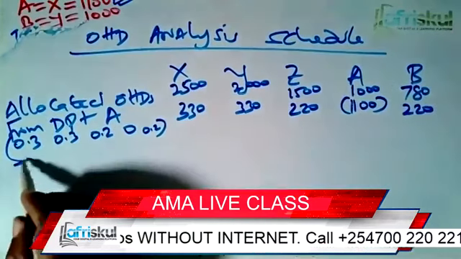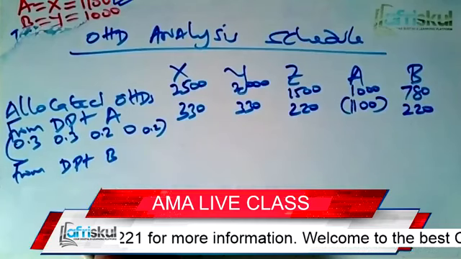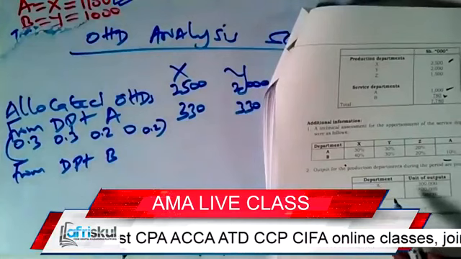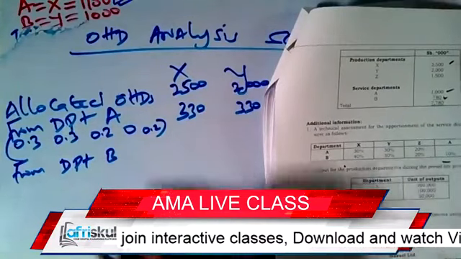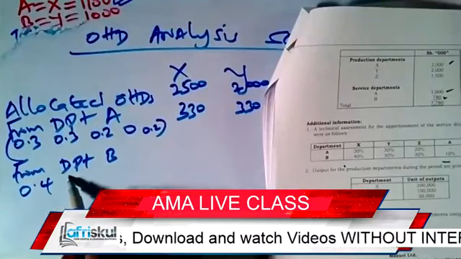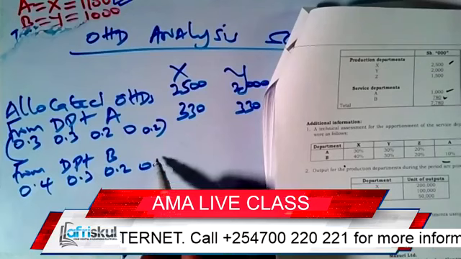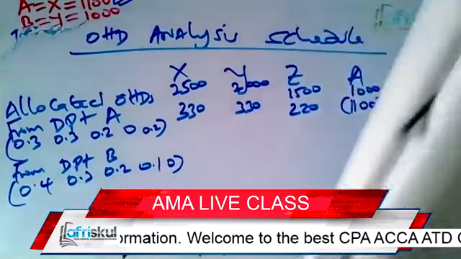From there we go to department B. The percentages to be used for department B are given here: 0.4, 0.3, 0.2, 0.1 and 0. How much are we removing in total from B?